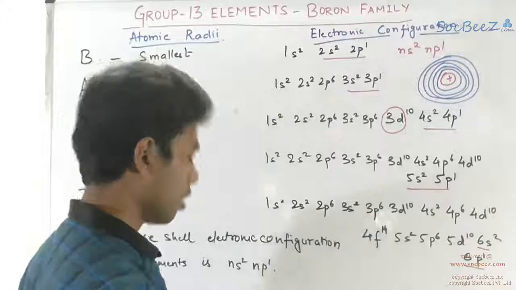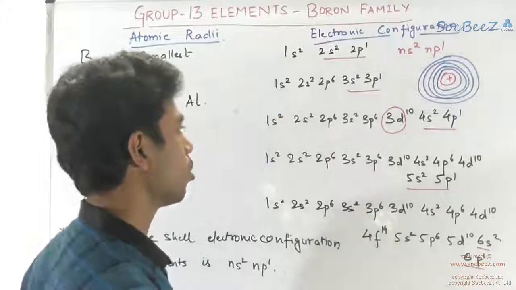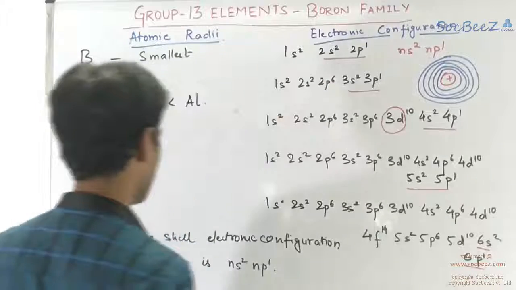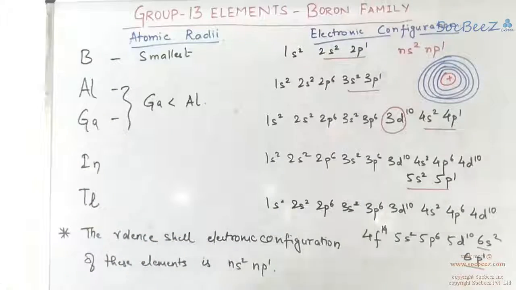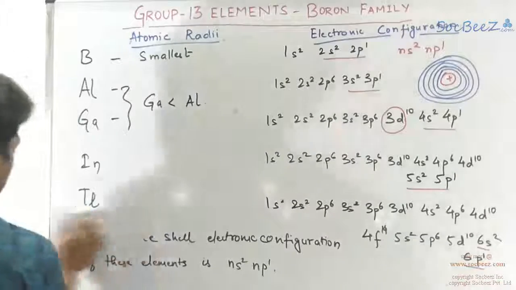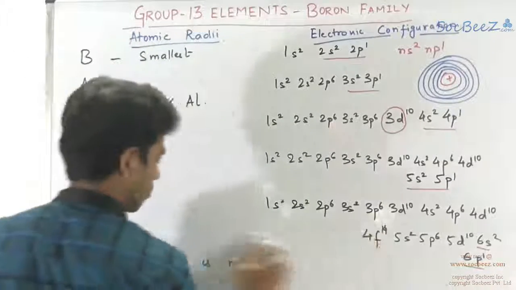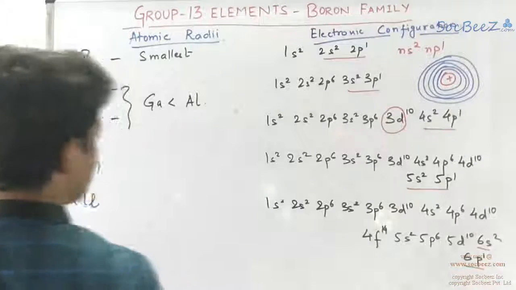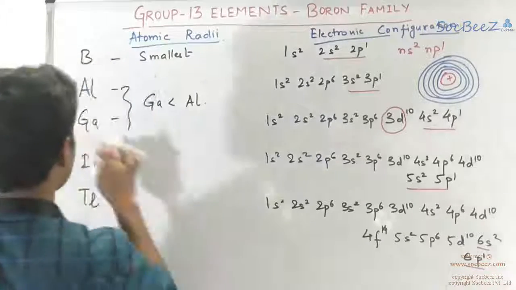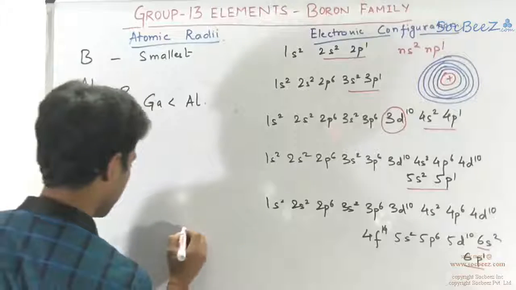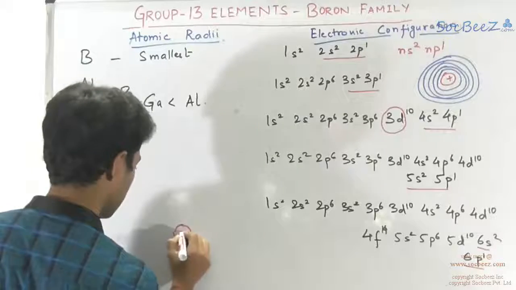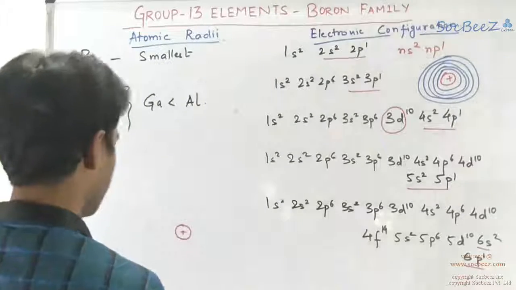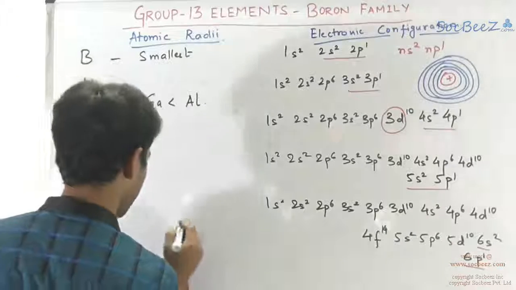Now how do these orbitals offer shielding? Consider this. I am drawing the diagram for gallium. This is the nucleus, and these are the orbitals.